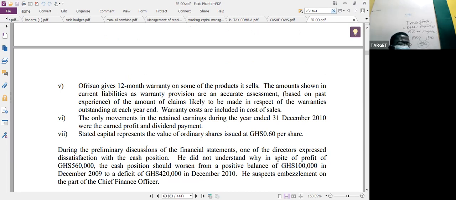Warranty costs are included in cost of sales. Now let me tell you, here it's using just warranty, but any provision at all, it can be a provision for environmental decontamination, in fact anything at all. Warranty is also a provision under IAS 37. Please treat it the same.